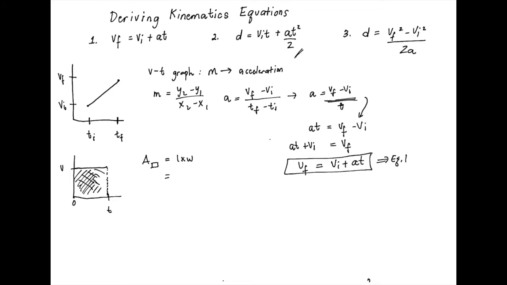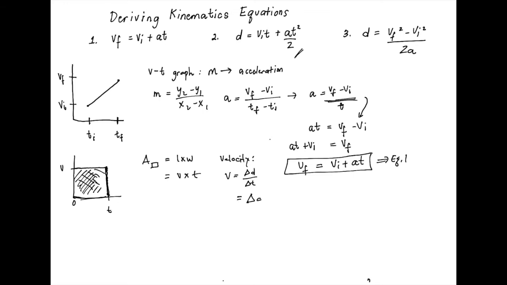Length times width could be represented as, this could be our length, so this would be our velocity times the time. And velocity times time, what does it represent? Remember before, we defined velocity as the change in distance over change in time, or simply change in displacement over change in time.